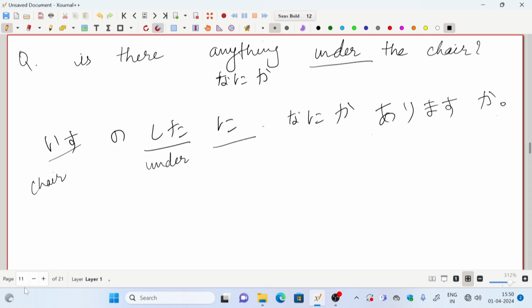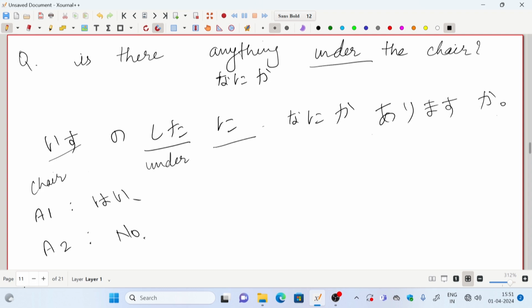And then we can reply. So if someone has asked you, is there something under the chair? How will the answer start? The answer will either start with yes, right? Or the answer will start with no. So yes in Japanese is hai. Hai, arimasu. So if you are saying yes, there is something, you can also say what is there.